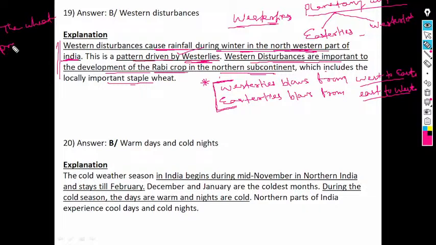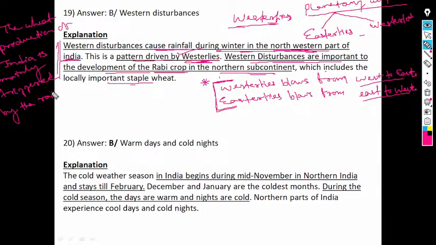The wheat production of India is mainly triggered by the rainfall from western disturbances.